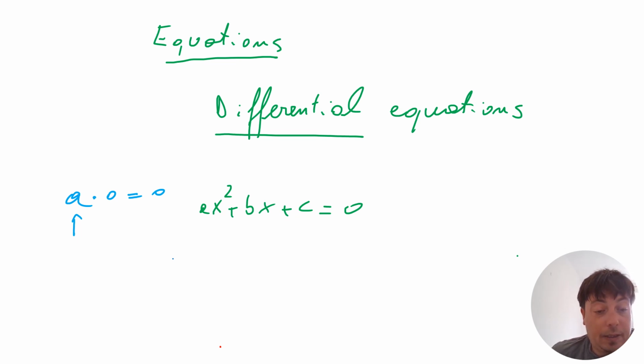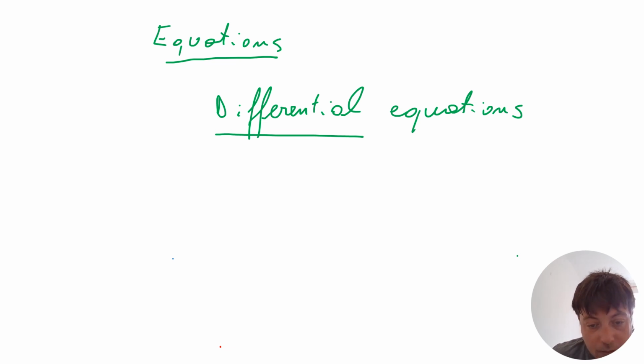Of course, you can easily get more complicated than that, because think about, for example, e to the x plus 1 equal to 0. Now it gets a bit trickier, but now we know the trick, right?